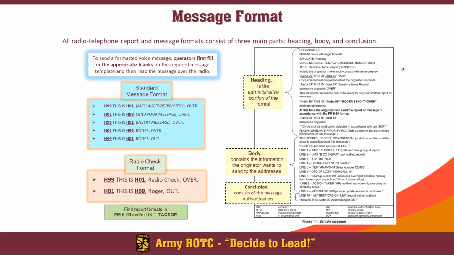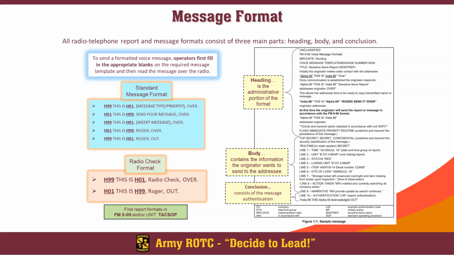All right. Let's move into how message formats look. If you've listened to our written communication class, you understand that all military communications, to include radio and telephone reports, consist of 3 main parts. Sounds just like an essay or even an email. We've got our heading, body, and conclusion.